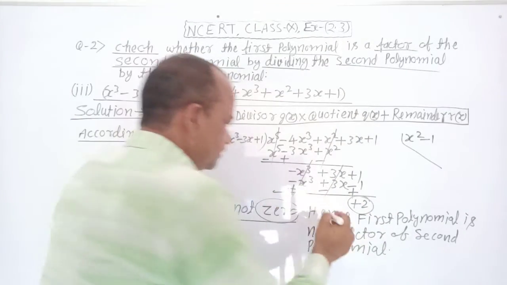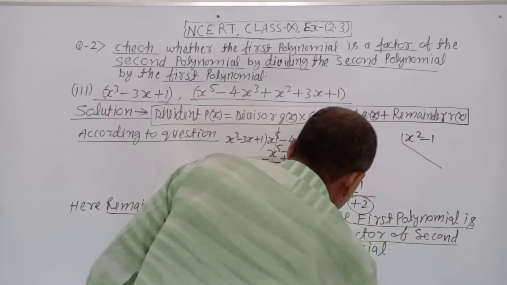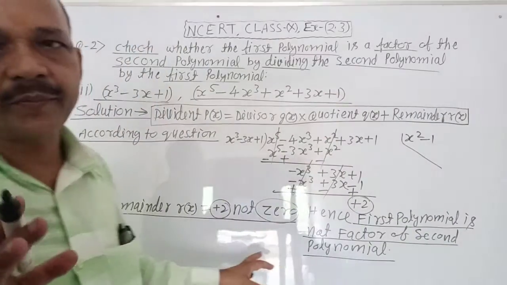It is clear. The first polynomial is not a factor of the second polynomial.